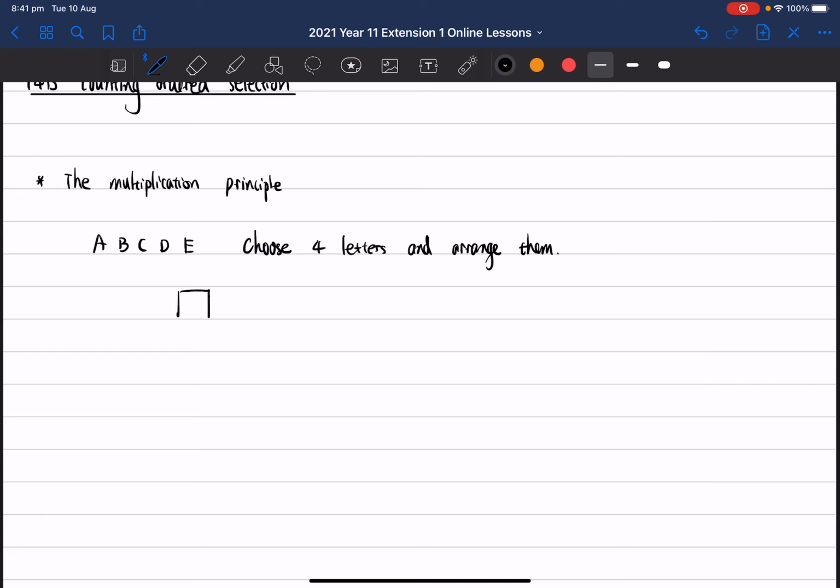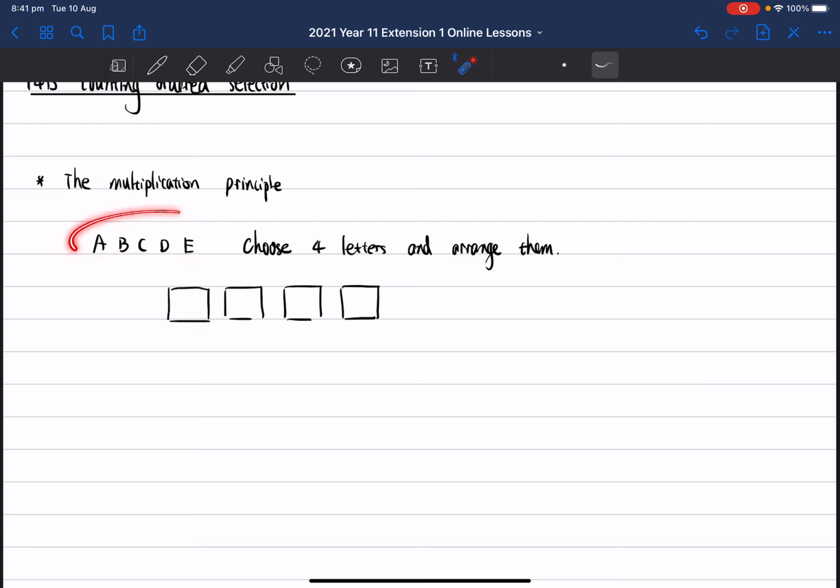Right now we have 4 boxes, as you can see here, and these 4 boxes represent the 4 letters I'm going to choose. Each box represents a letter you can choose. Right now I have 5 letters.